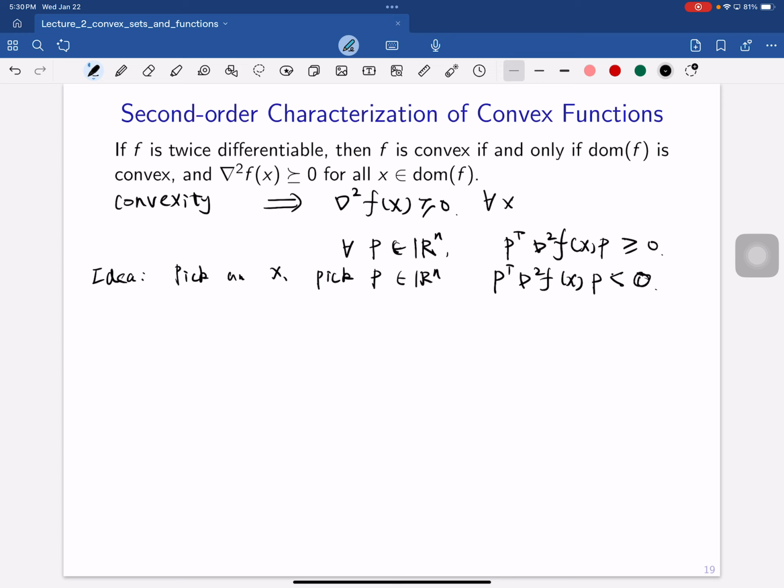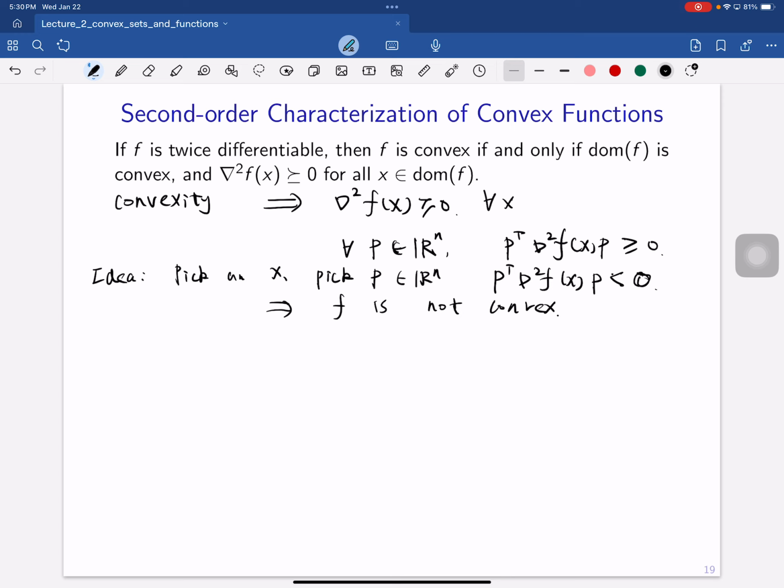So that is a negation of this property. It only has to pick one x, one P, for which this property does not hold. And then we can find some contradiction with the fact that this function is convex, right? So our goal is we find this negation, and then we show that f is not convex. Then we are done, right? This is like proof by contradiction. Okay.